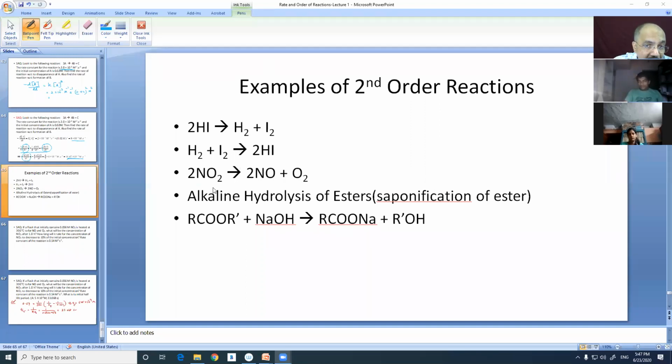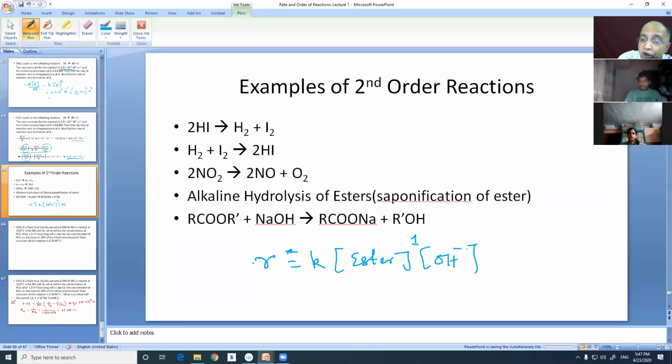Now, the decomposition of NO2 to give you NO and O2 is a second order reaction. And in organic, alkaline hydrolysis of esters is called saponification of ester. In the alcohol chapter, we have already done that, ester when it is hydrolyzed in presence of alkali. It is first order with respect to ester and first order with respect to alkali.